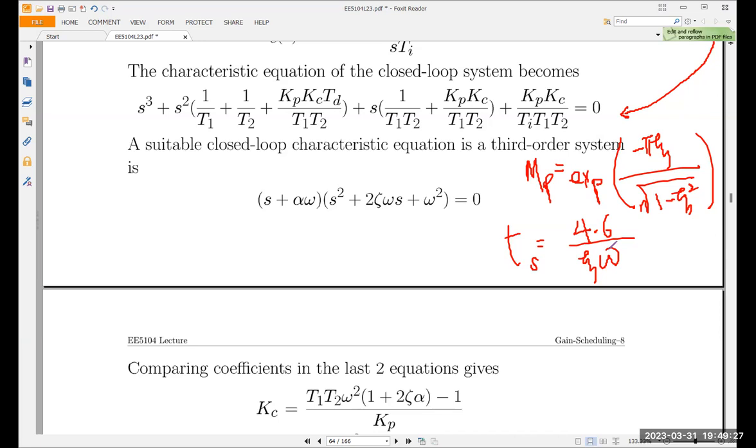So you choose alpha such that this is 5 times to the left or more negative than this. So once you have specified your overshoot, let's say 10% is 0.1, so you stick it in.